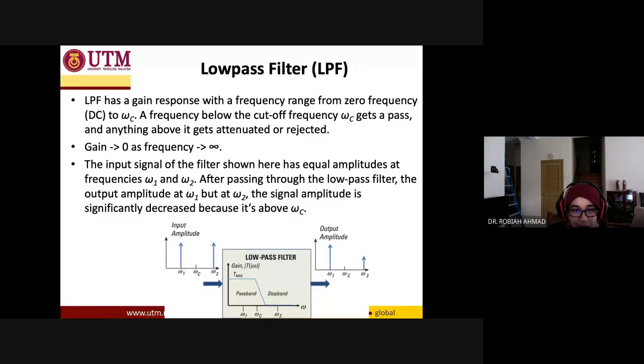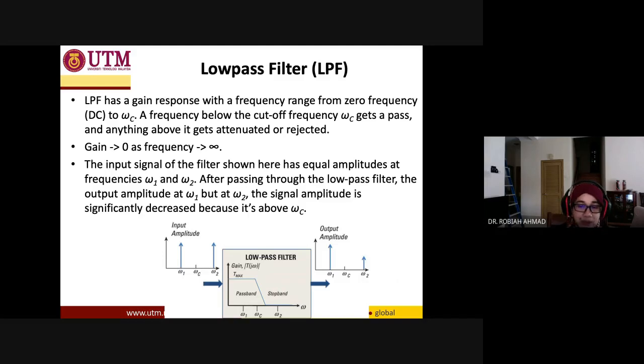Low pass filter has a gain response with the frequency. If you look at the diagram here, this is what it means. For example, I have omega 1 and omega 2, and my cutoff frequency is somewhere in between. After the input signal passes through the low pass filter, you can see that omega 2 is attenuated, its amplitude is reduced. We have managed to reduce it.